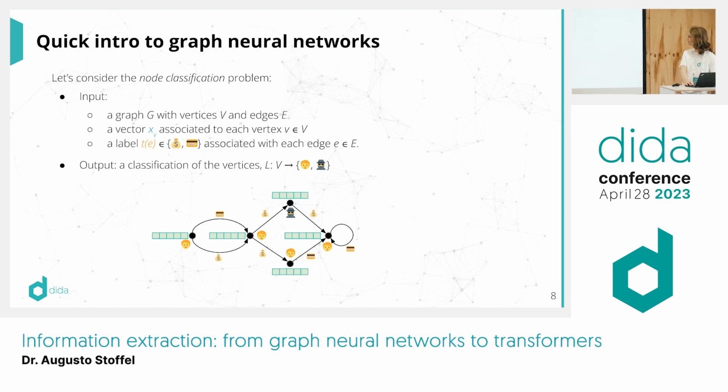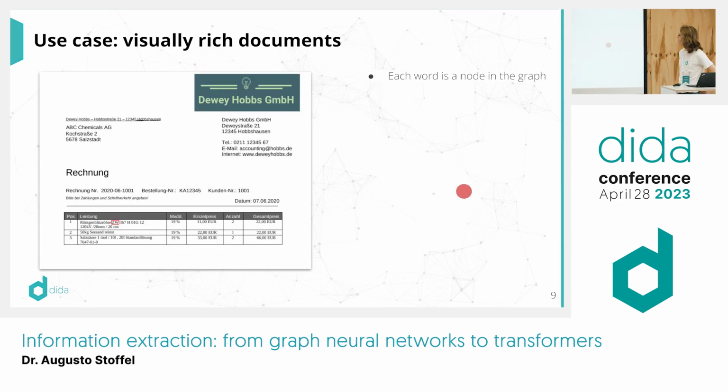Now, what does this have to do with documents with layout? Because it doesn't really make sense to linearize this text as a sequence of words, we create a graph that encodes the structure of the document. In our graph, each node represents a word in our document.